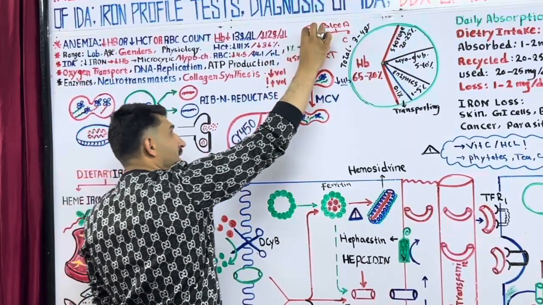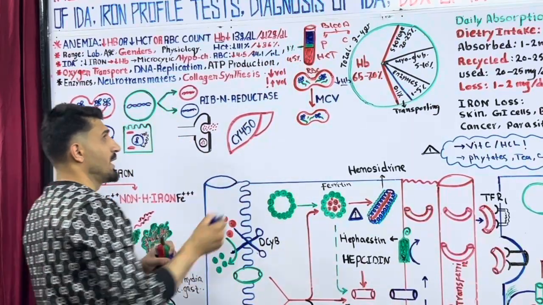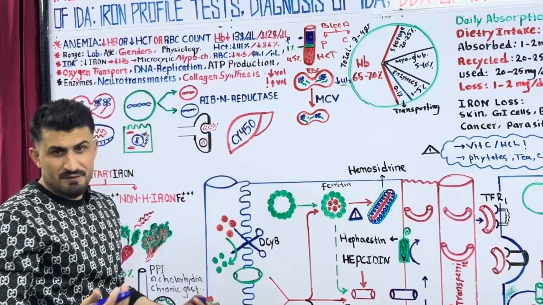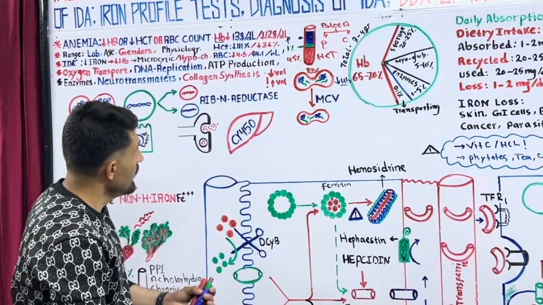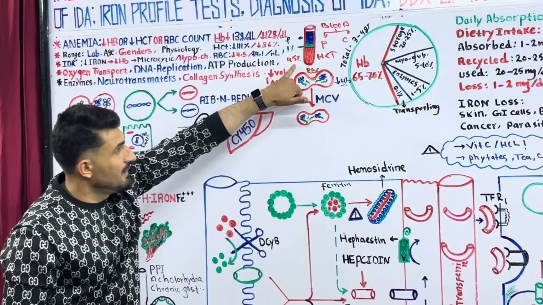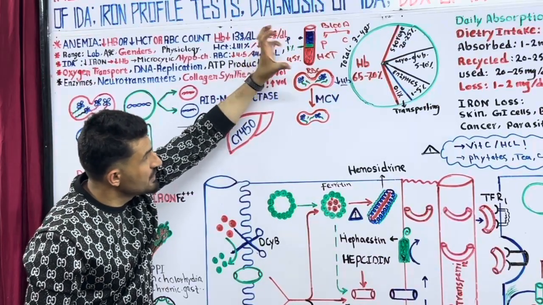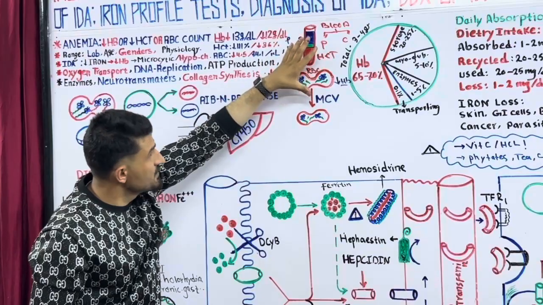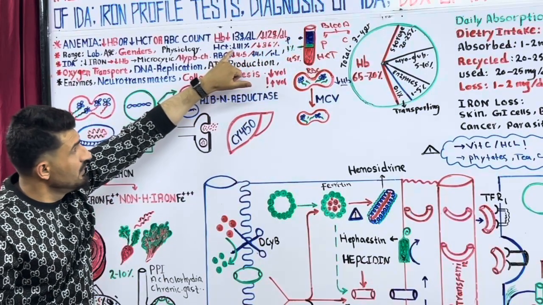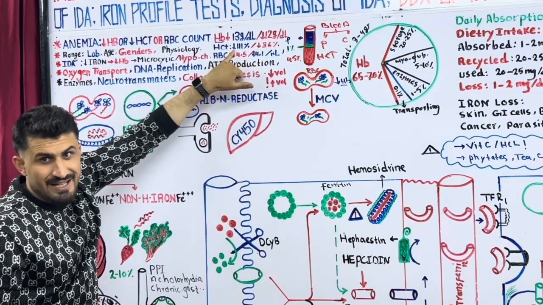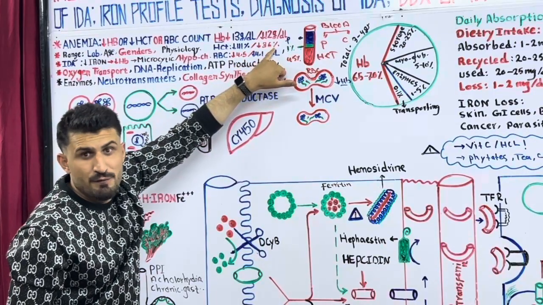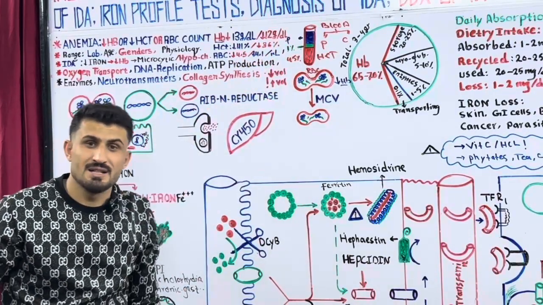The remaining blue part is made of plasma, around 55%. When the hematocrit level, meaning the whole concentration of RBCs, drops below normal, for example less than 41% in males or less than 36% in females, this is also called anemia.